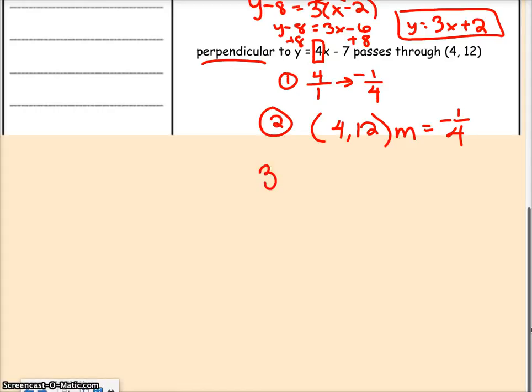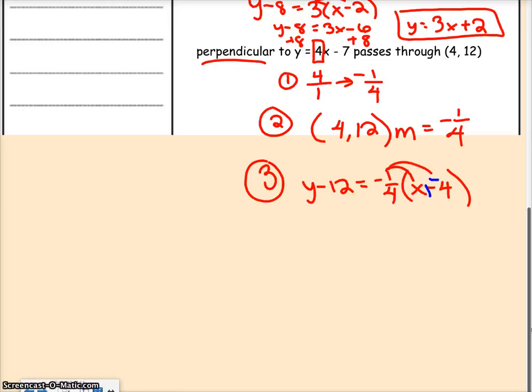Step 3, point slope. Y minus the y I'm given is equal to my slope times x minus the x I'm given. Do you see that I'm distributing a negative? That's why I'm going plus a negative. Because I don't want to mess up this negative.